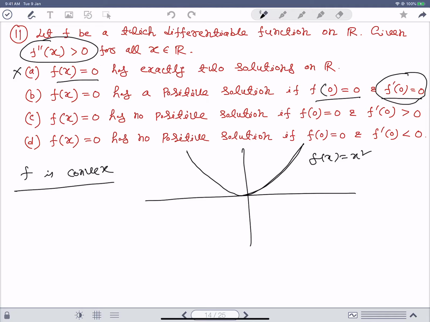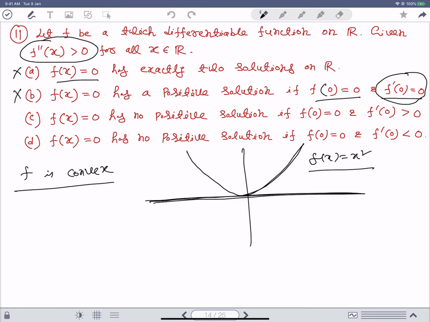Again the same concept will work, right. So if we take f x equal to x square, then this is the tangent. So here f 0 equal to 0 and f dash 0 is also 0, but f has no positive solution, right. So again it will not be the answer. Fine.